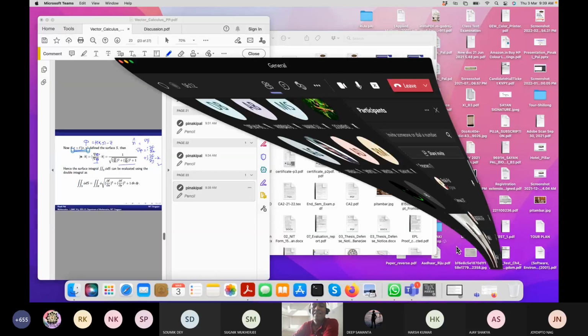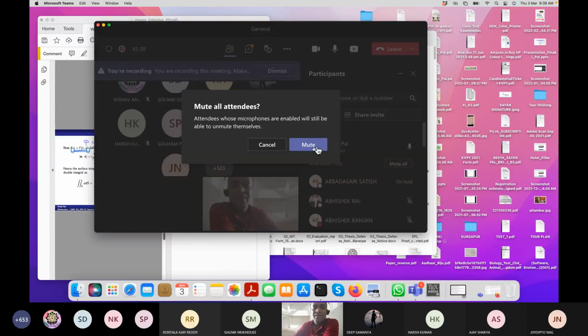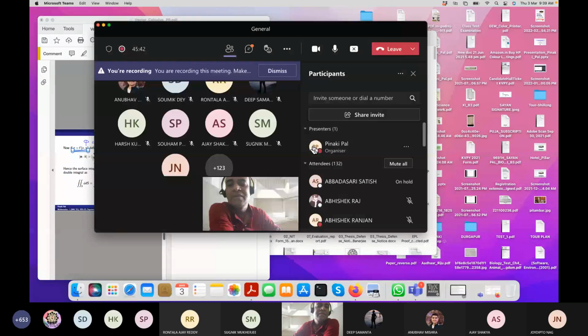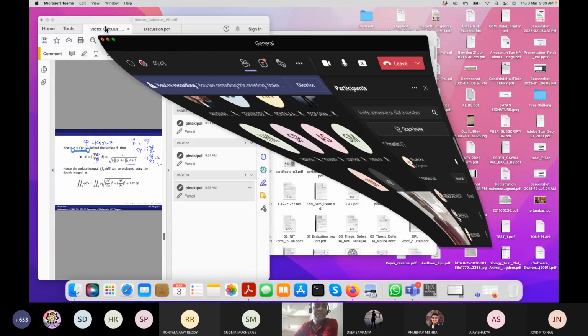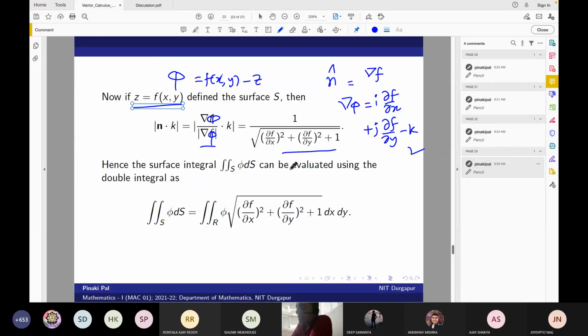Why has that minus k come? Let me explain. What is the magnitude of grad phi? This is equal to root over del f del x whole square plus del f del y whole square plus minus 1 whole square.